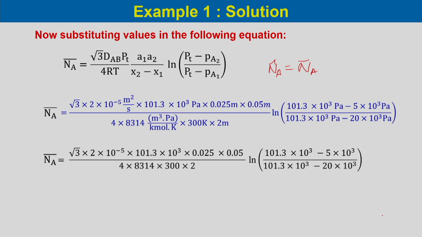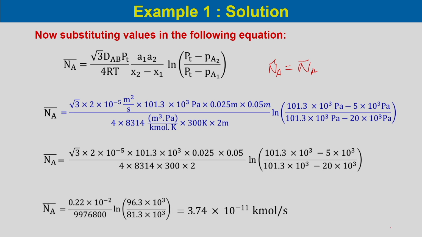So, if we just calculate, it would be equal to 3.74 into 10 to the power minus 11 kilomole per second. So, this is the molar flow rate which is asked to be calculated in the problem.